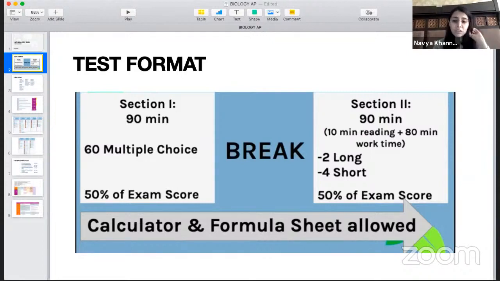Of course, these questions are a little lengthier. I know we're talking about 60 multiple choice questions, but they will give you, say, a theory, and they will ask you which statement goes along with this theory. So it's not just a small MCQ where you can pick a one-word answer.